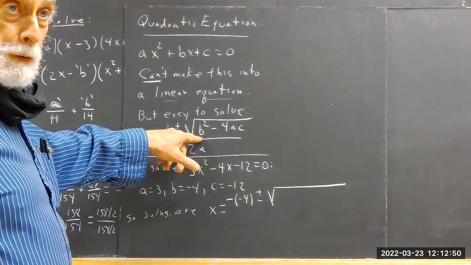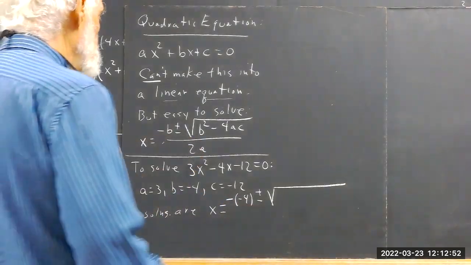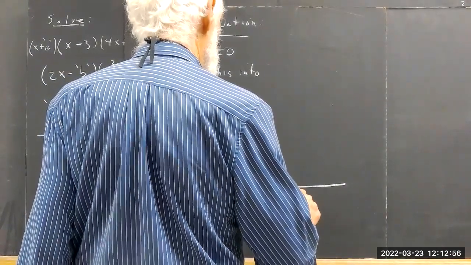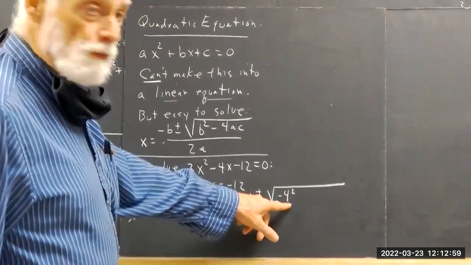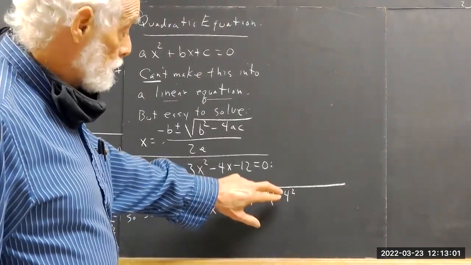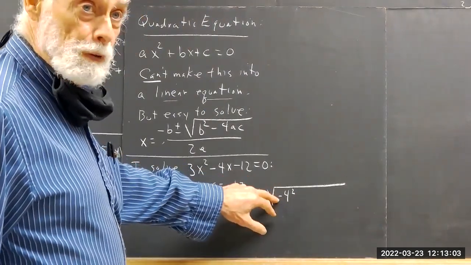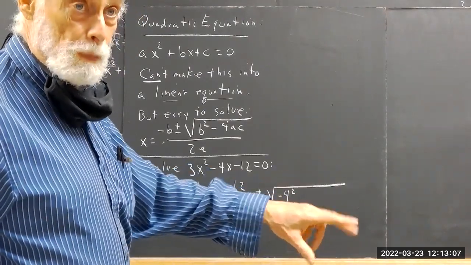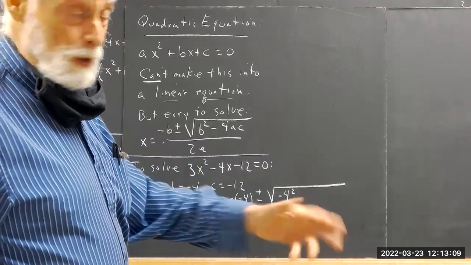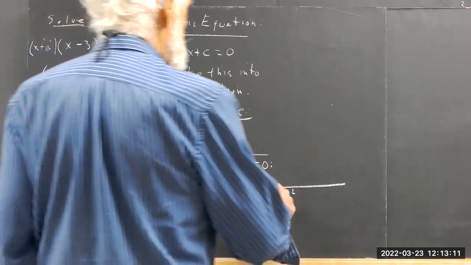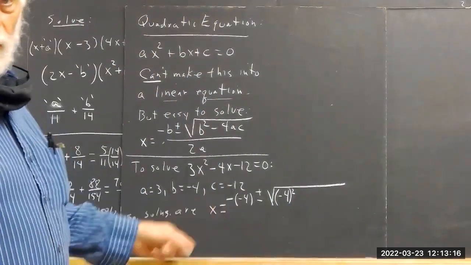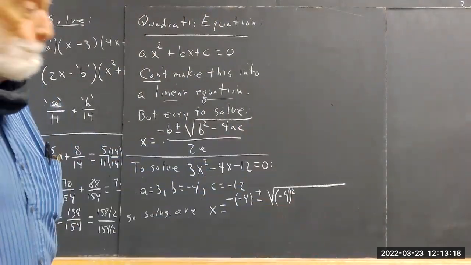Now we got b squared, right? Well, b is -4. But right now, I don't have b squared. The only thing that's getting squared is the 4, and then we put a negative on it. That would give us -16. If you put it in your calculator that way, that's what you'll get. You don't want that. You want to put parentheses around the -4. Now you're squaring the negative as well as the 4.